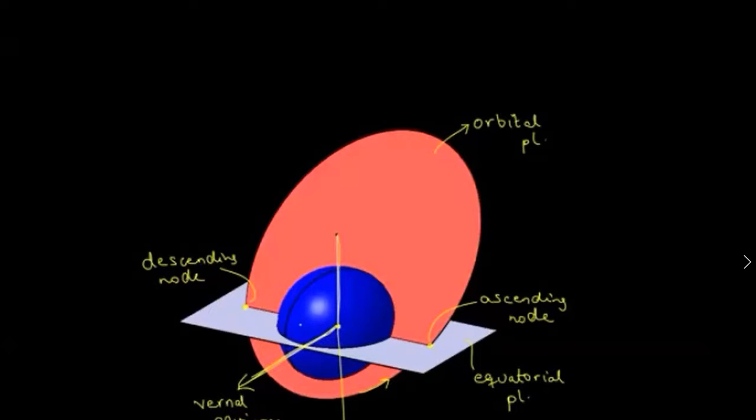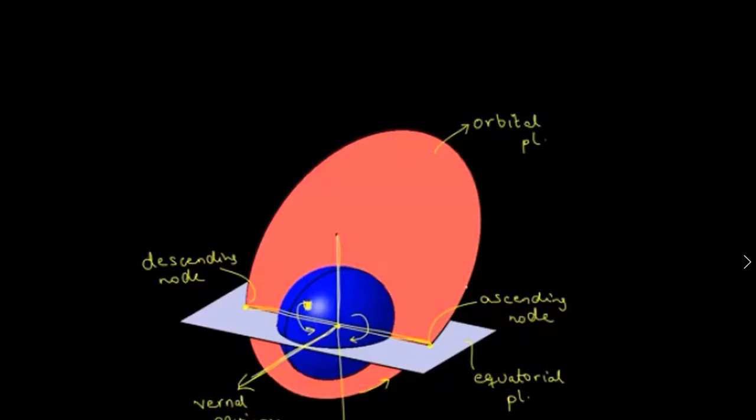If here I hold the Earth and the equatorial plane and the north-south pole axis steady, and the line that joins the 2 nodes steady, what I can do is change the tilt of this orbit around this line that connects the 2 nodes, either by tilting it this way or rotating it this way or rotating it the other way or this way.